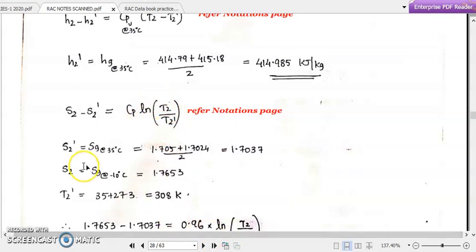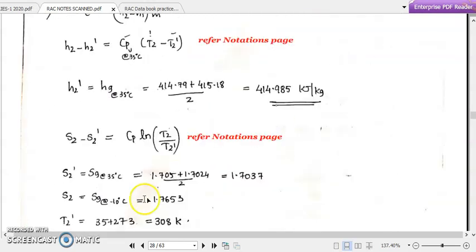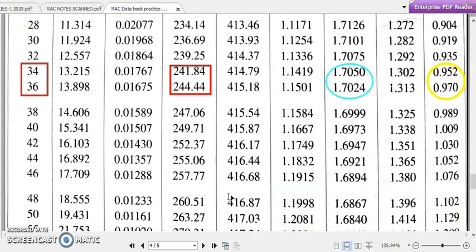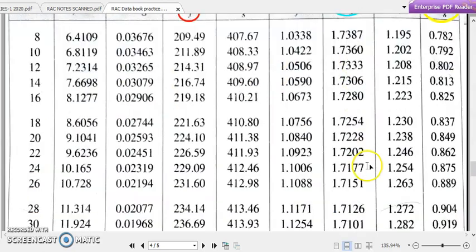So what is this s2 dash? 2 dash is the saturated vapor state, so we can easily find the value of s2 dash as the sg value at 35 degrees Celsius. We can refer to our data book and take the tables corresponding to 35 degrees Celsius, then take the sg value.